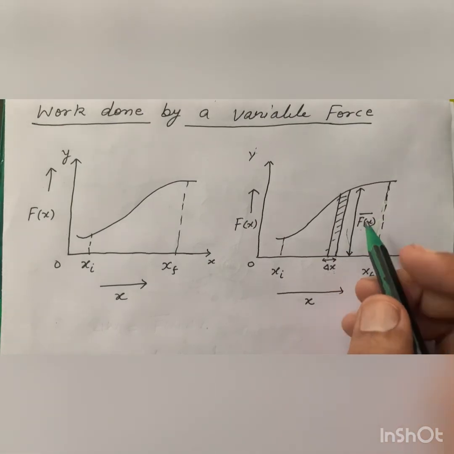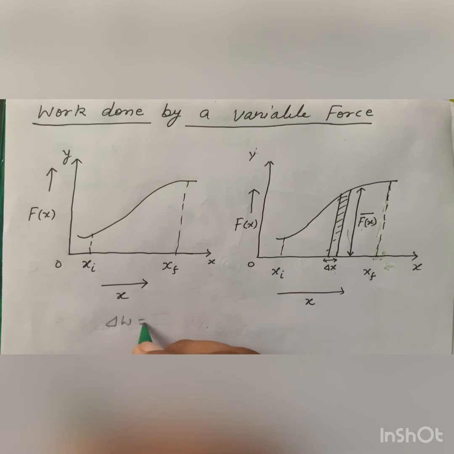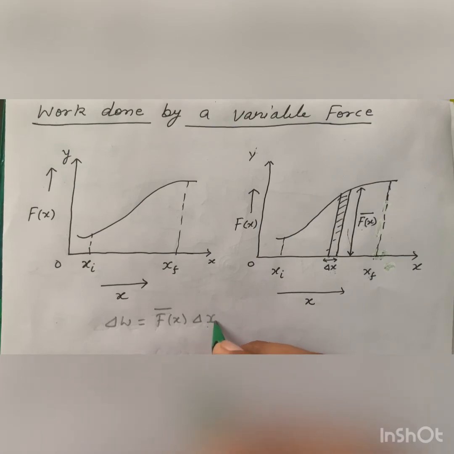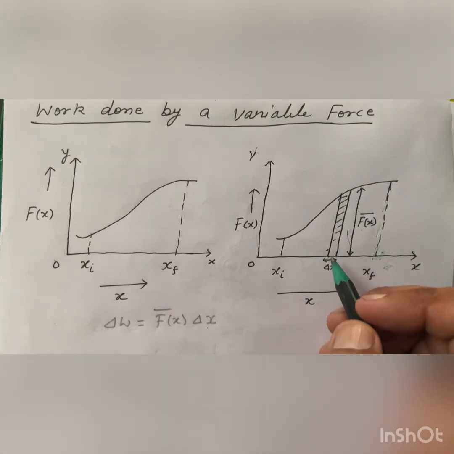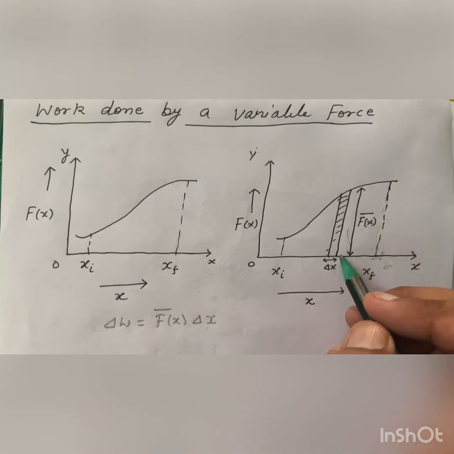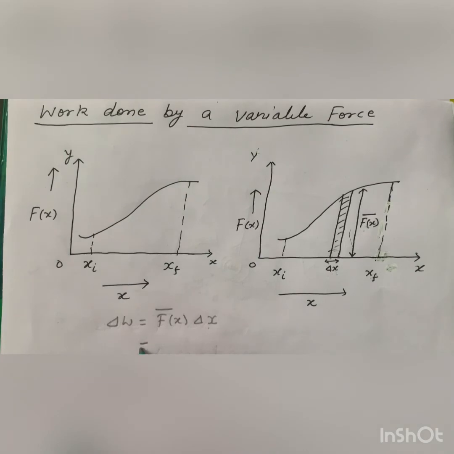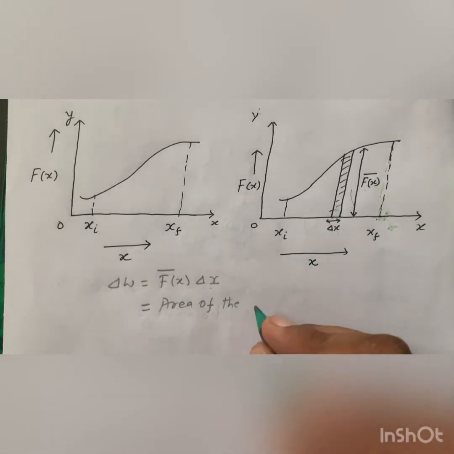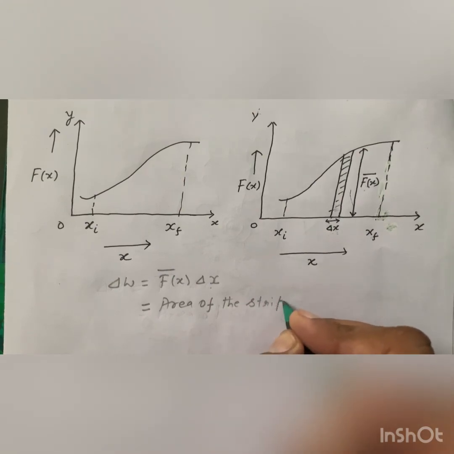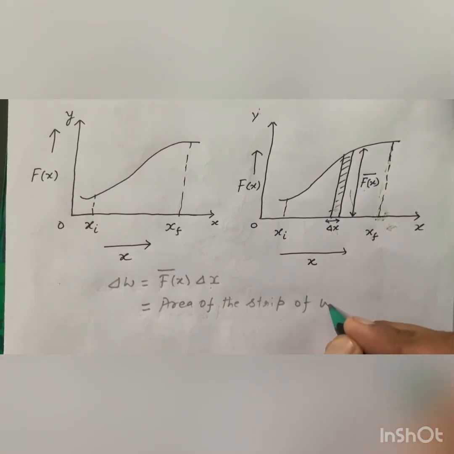Now the work done is force Fx bar into delta x. Here we see that Fx represents the height of this portion and delta x is its width. So it means this work done is equal to the area of the strip of width delta x.